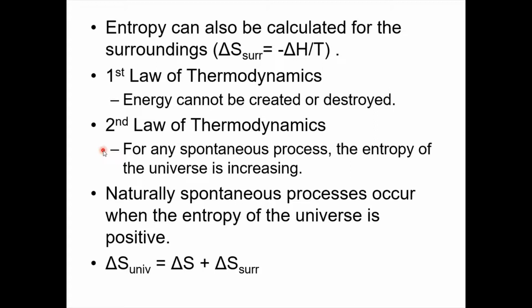Now, the entropy of the universe, what is that? Basically, what this says is that naturally spontaneous processes occur when the entropy of the universe is positive, and the delta S of the universe is the delta S of your system, whatever that system is doing, plus the delta S of the surroundings. And you think that these two are the opposites, but they're not necessarily.